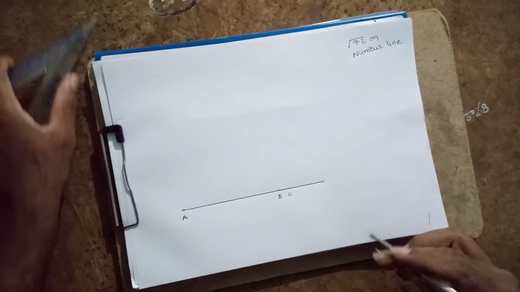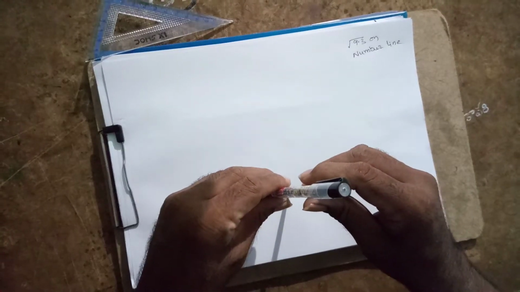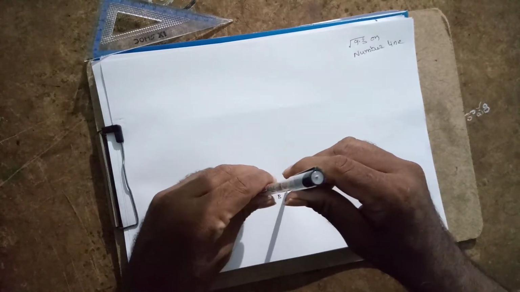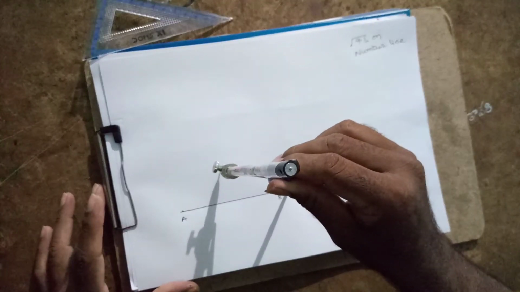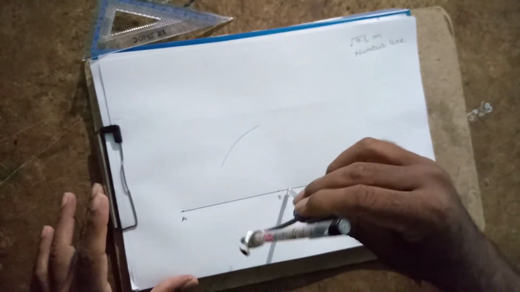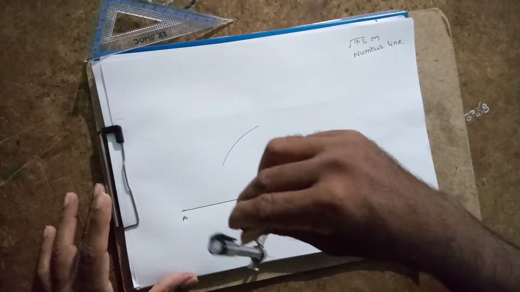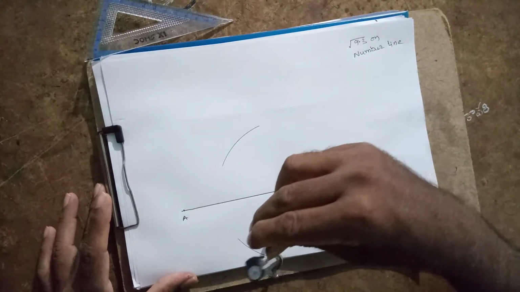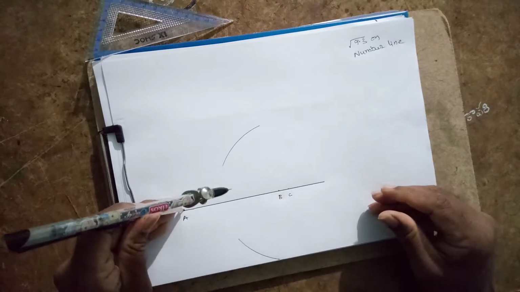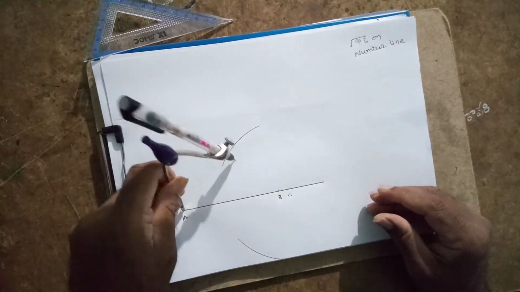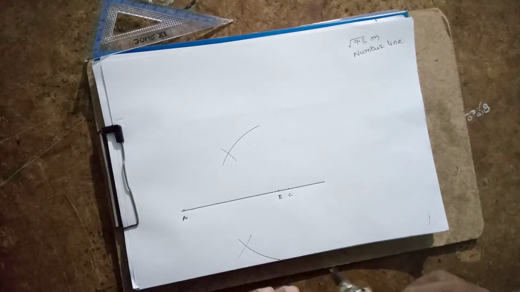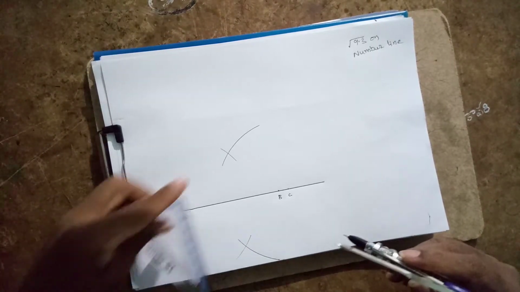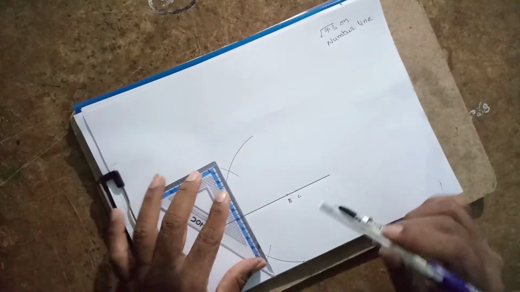Now take AC as a line segment and take above half distances on both the sides. From A we have, now we have two intersecting points here.